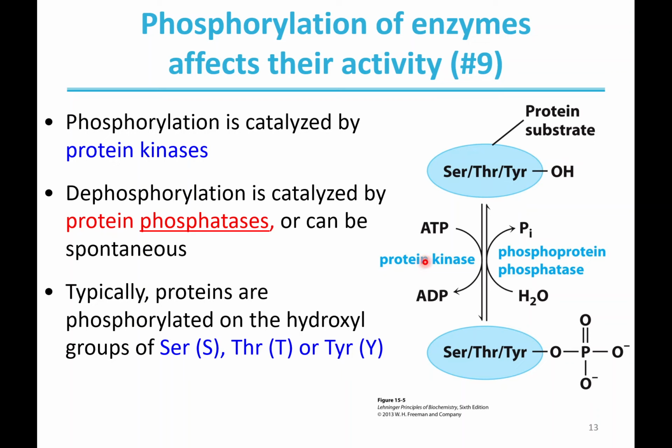The kinase will take the gamma phosphate from ATP and stick it onto that enzyme or protein. And then the phosphatase will do the opposite reaction, but instead of taking that phosphate group and using it for something, it just hydrolyzes the phosphate off.